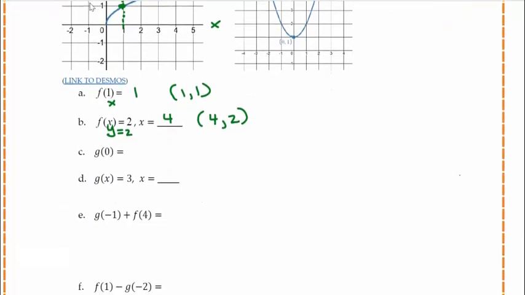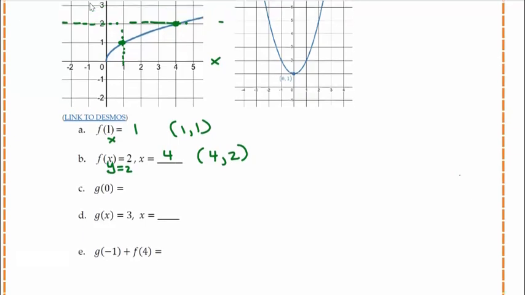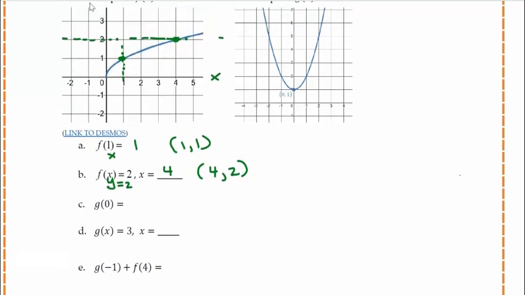Okay. But let's do E. So this one's saying g of negative 1. So again, when x is negative 1 on this one, it looks like my y, because I'm thinking, where is it crossing? Here. It's crossing right there at 2. But then I need to add that to f of 4. Right?